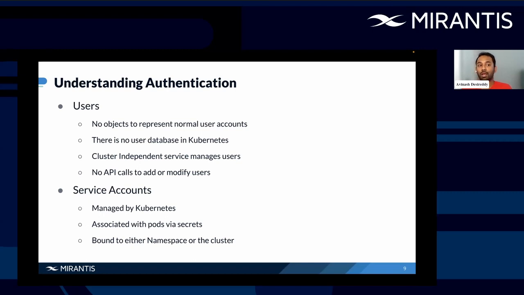That means a Kubernetes cluster does not have any object that represents a normal user. There is no database associated with these normal users. For example, we cannot create a user directly in a Kubernetes cluster, because it refers to existing users, but there is no database associated with it.